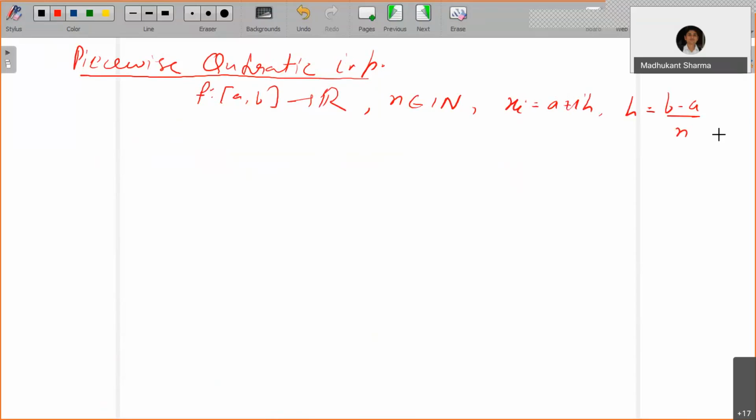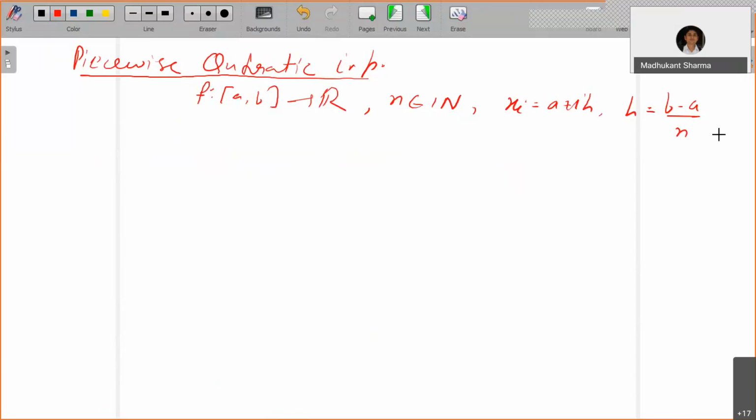Now, for a quadratic interpolating polynomial, like in the linear interpolating polynomial where you require 2 interpolation points, here you require 3 at the starting.